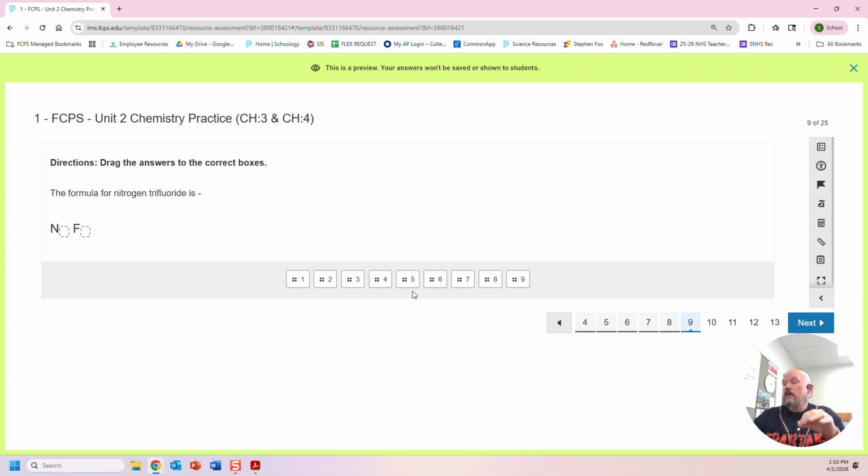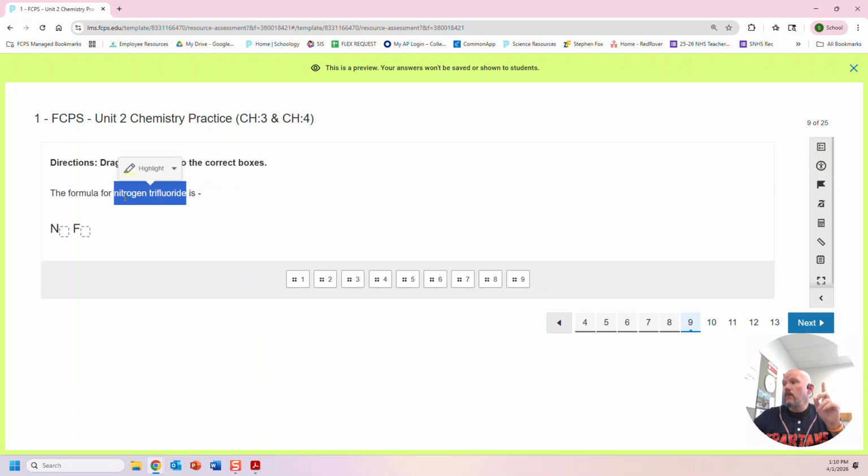All right, so here we have a drag and drop question. So your SOL has drag and drops, okay? And we just have to drag these numbers into subscripts for our nitrogen and our fluorine. And it's got to match this name, right? Nitrogen trifluoride.